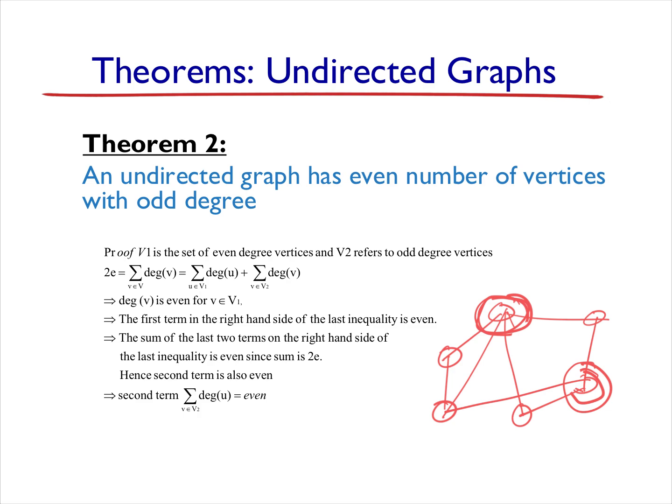Yes, because they have to add up to an even number. You can have more than one odd, but they come in pairs. If the question is whether every single odd vertex is connected to every other odd vertex, no. It's only that the odds come in pairs. That's why they add up in the end to an even number.